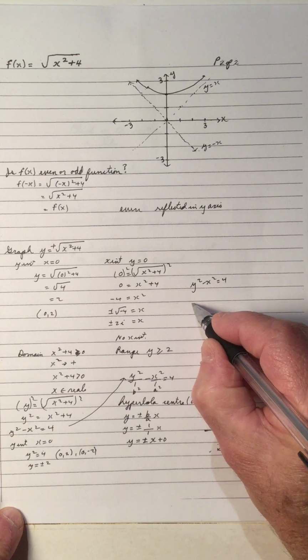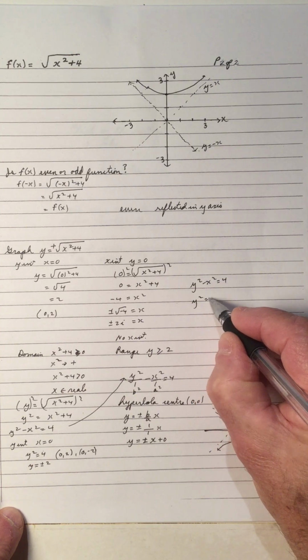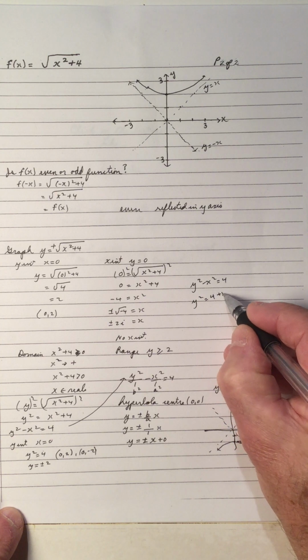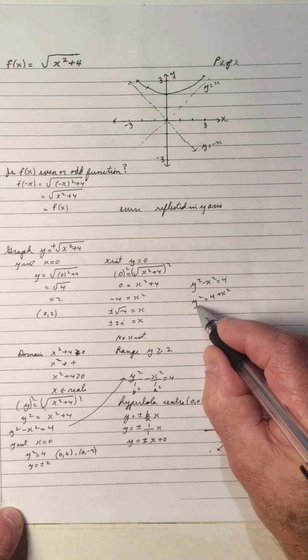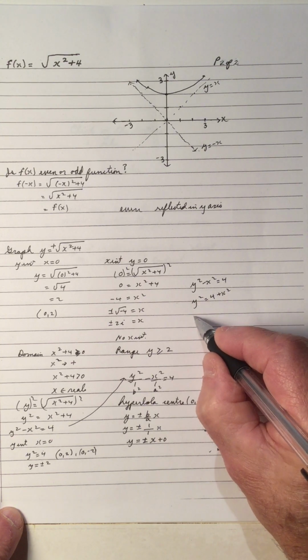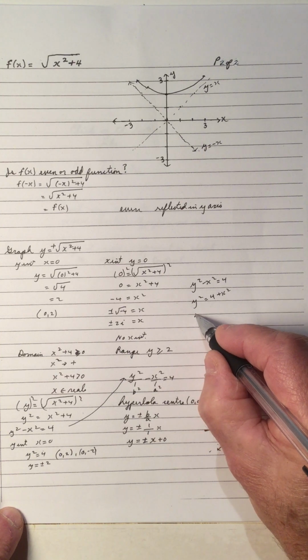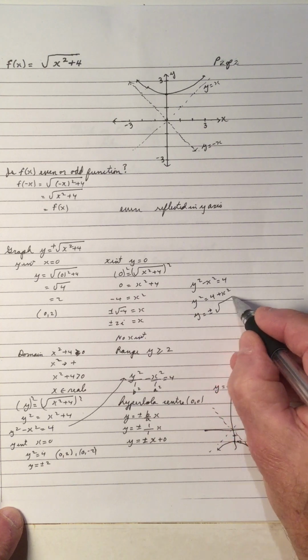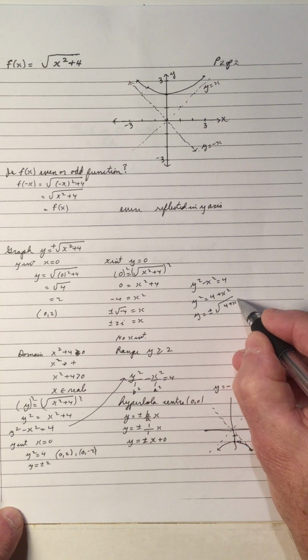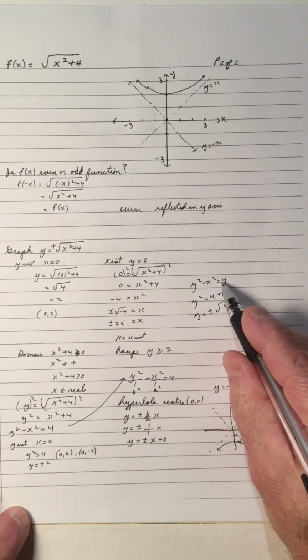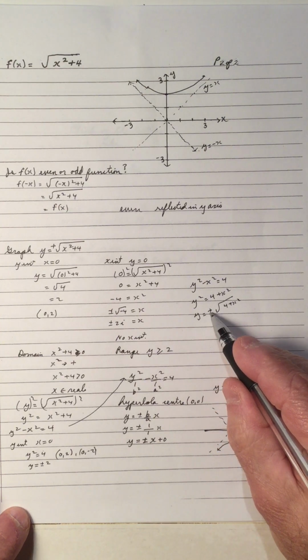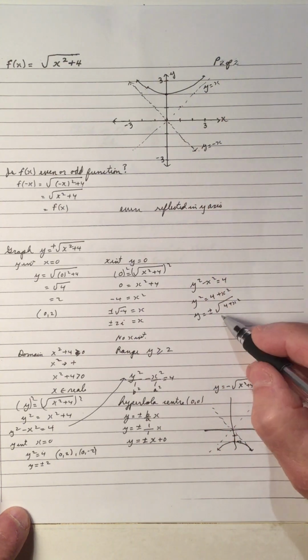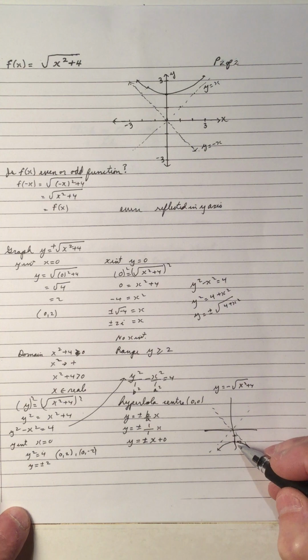You get y squared equals 4 plus x squared. So the square root of y squared is y, and the square root here is plus or minus the square root. So when I take the hyperbola and solve for y, I get the plus part, which is the upper, and I get the minus part, which is the lower.